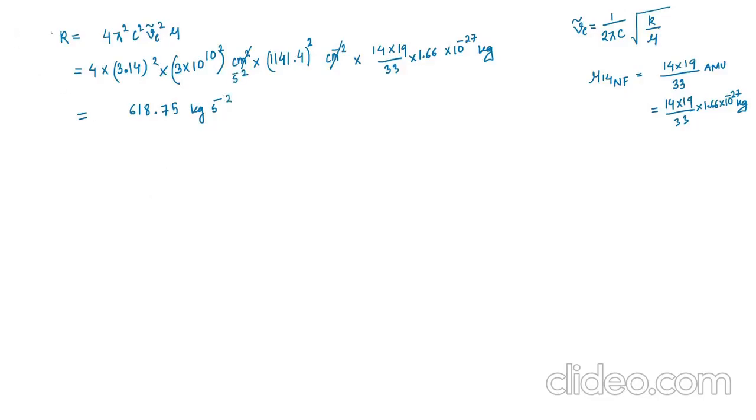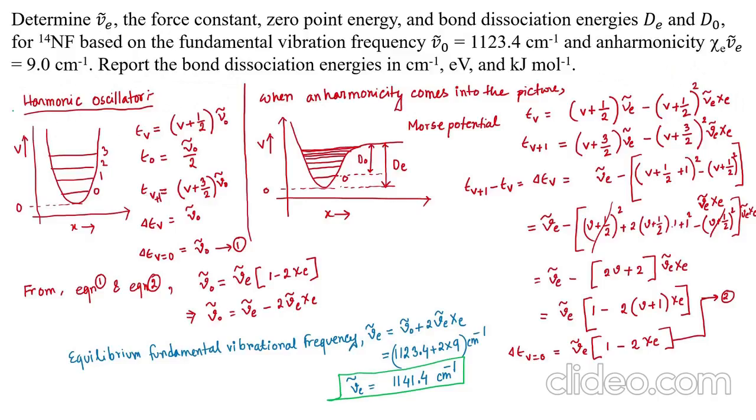So this is the force constant. So this is the second part. So what was required to solve this question was just to get the idea of the relationship between your mu 0 bar and mu e bar, right?